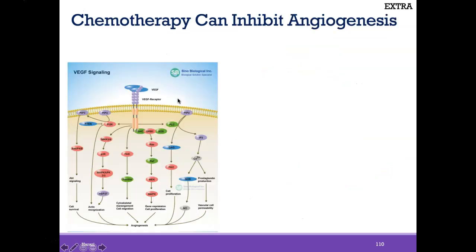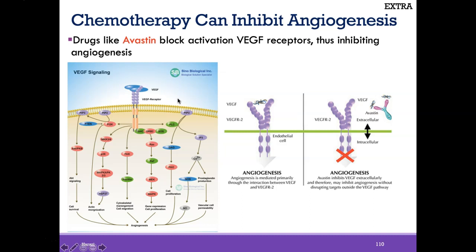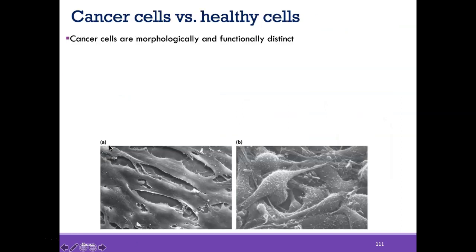It was a lot more effective in mice. Drugs like Avastin, available now, can block activation of the VEGF receptors and inhibit angiogenesis. So now VEGF inhibitors like Avastin can be used in certain types of cancers in humans, and that blocks the VEGF receptor from causing angiogenesis.